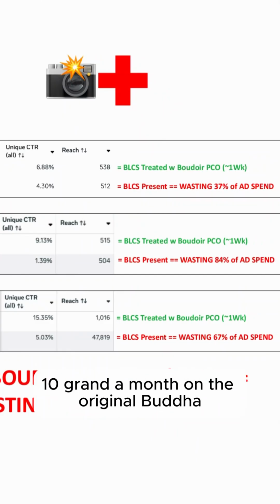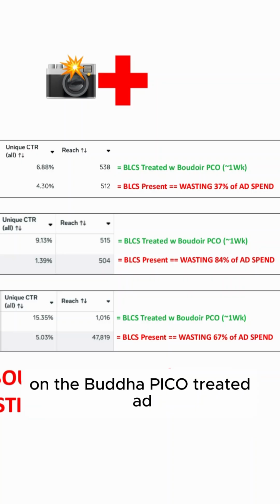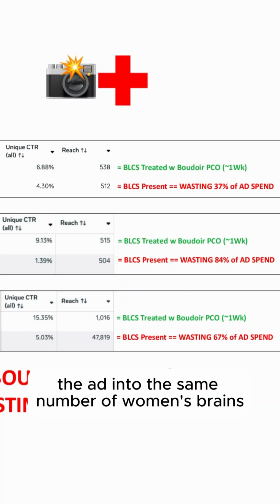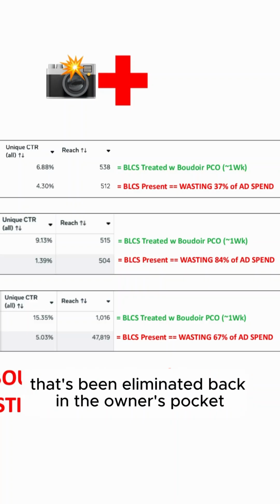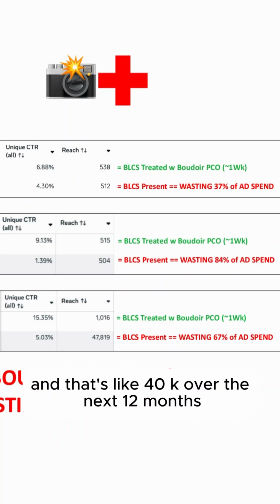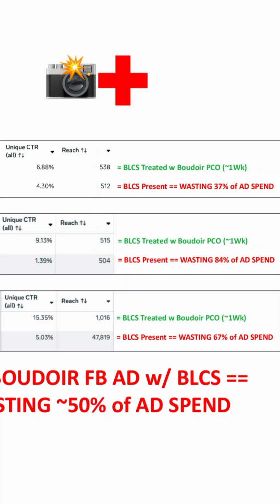If they're spending 10 grand a month on the original Boudoir Facebook ad, now they only need to spend 6,300 bucks a month on the Boudoir Pico treated ad in order to get the ad into the same number of women's brains in both scenarios. So 3,700 bucks a month of wasted ad spend eliminated, back in the owner's pocket. They no longer have to spend it, kind of like a phantom profit. And that's like 40K over the next 12 months without having to do any extra work.